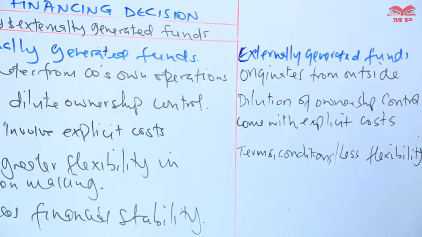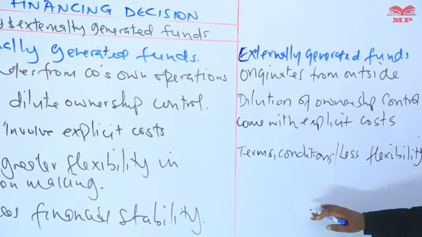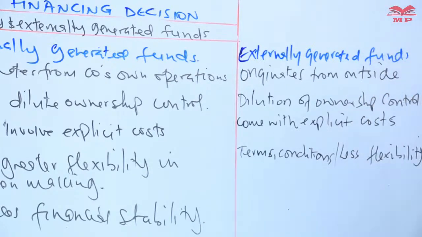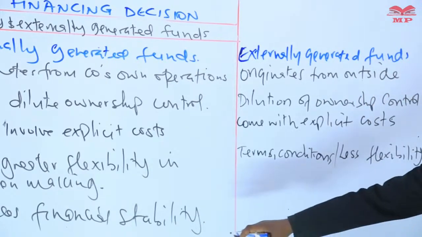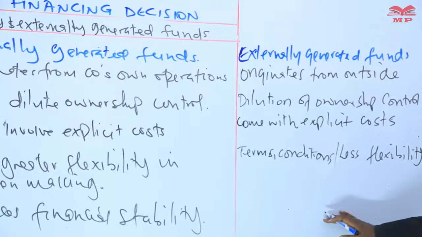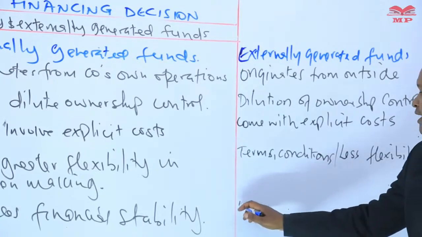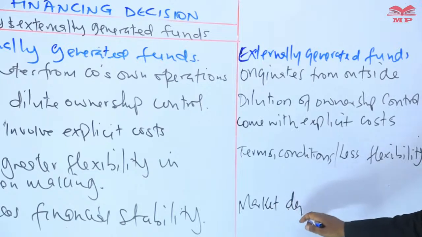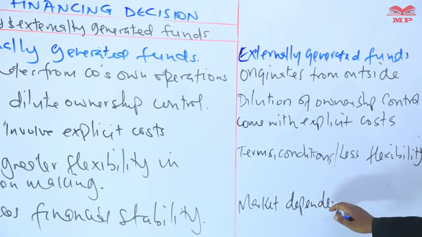Do you understand? Then there is the aspect of stability. Internally generated funds enhance financial stability. But for externally generated funds, there is what we call market dependency. The company depends hugely on the market.